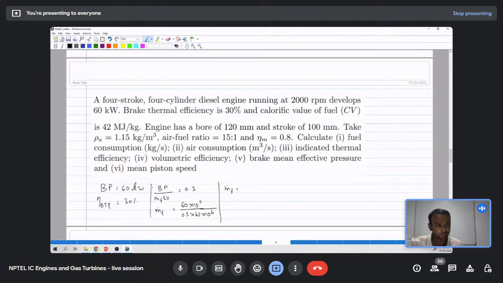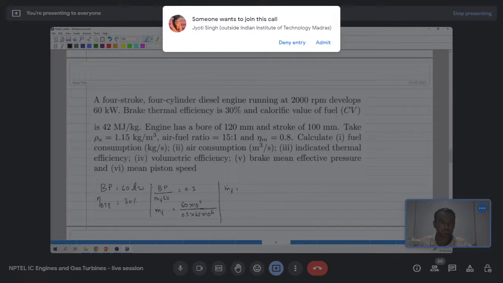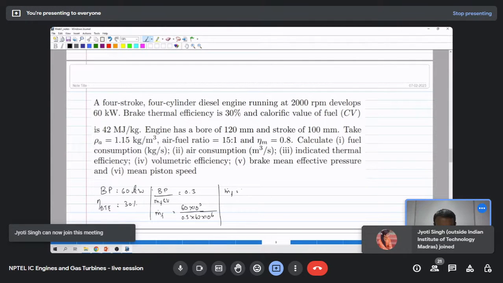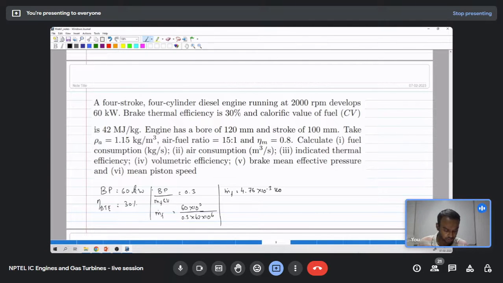So can someone compute what m dot f is? m dot f is 4.76 into 10 power minus 3 kilogram per second.